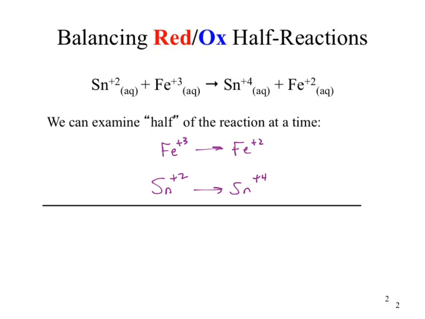Now what we have to do is evaluate what changed. We found the most similar thing in each case to simplify our problem and make it easier to look at. Now what changed? So what I'm saying in that case is I don't care what happened to the tin. That is irrelevant. What happened to the iron?